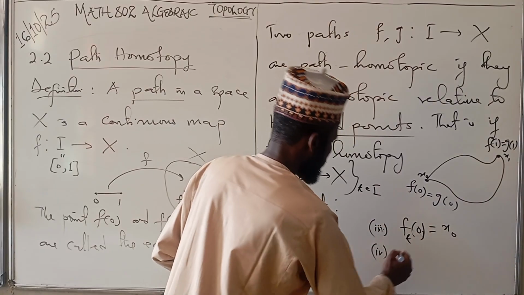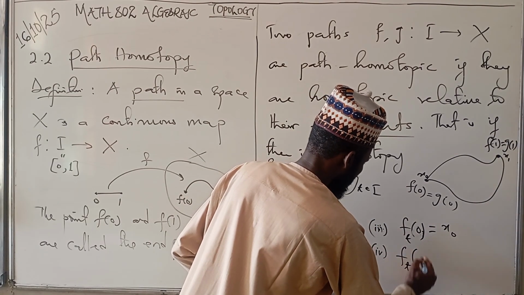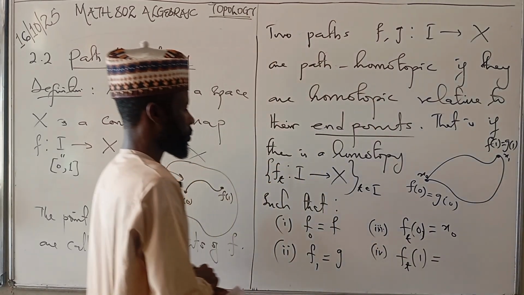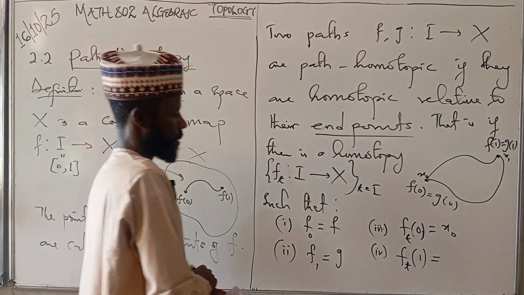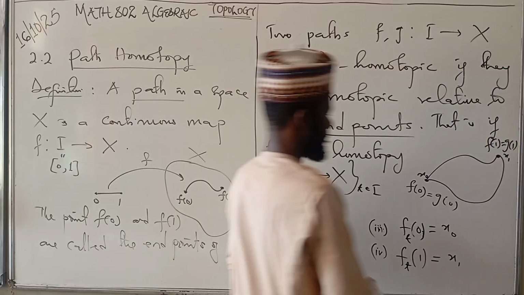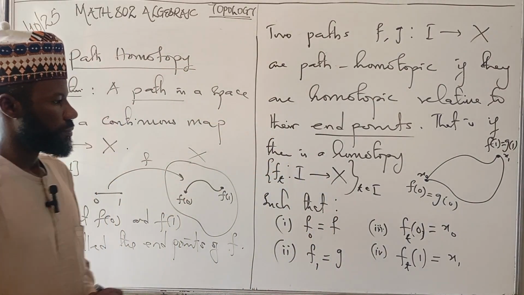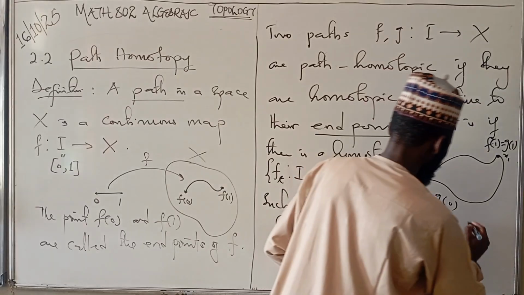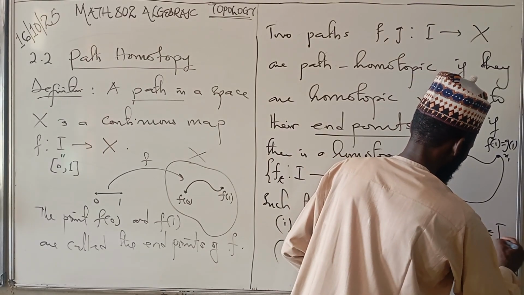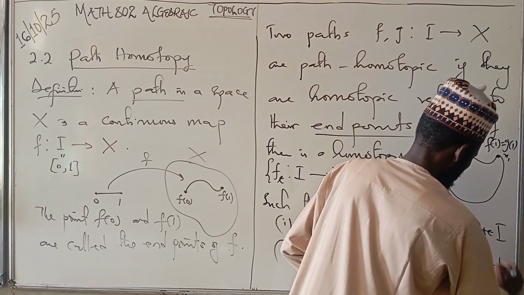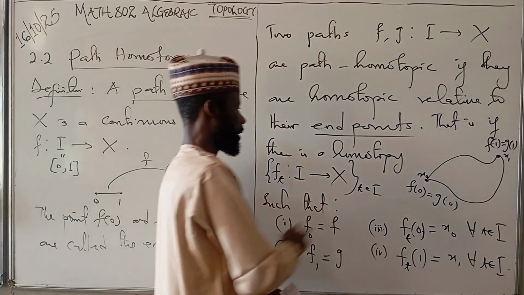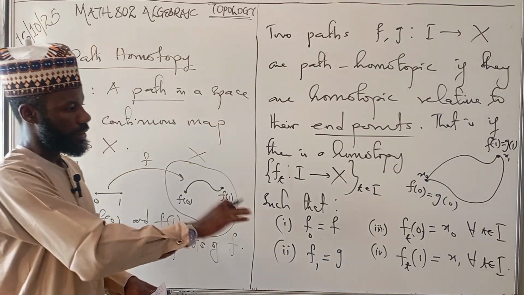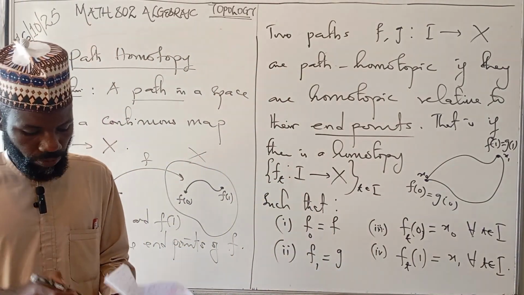And number 4, ft of 1 should also be equal to x1 for all t. This should happen for all t in the index interval. Then this is the homotopy. I hope it's okay.